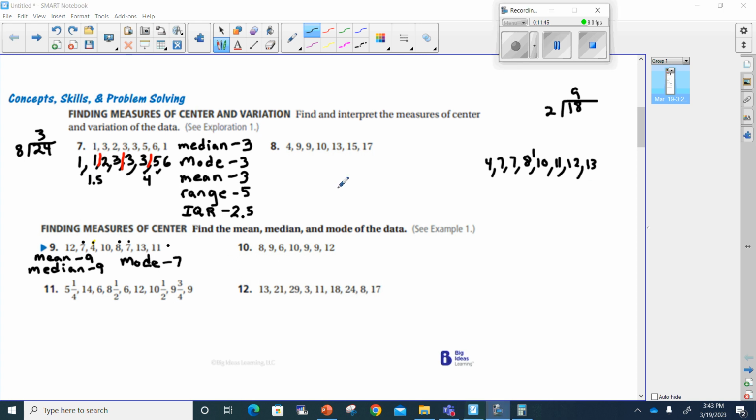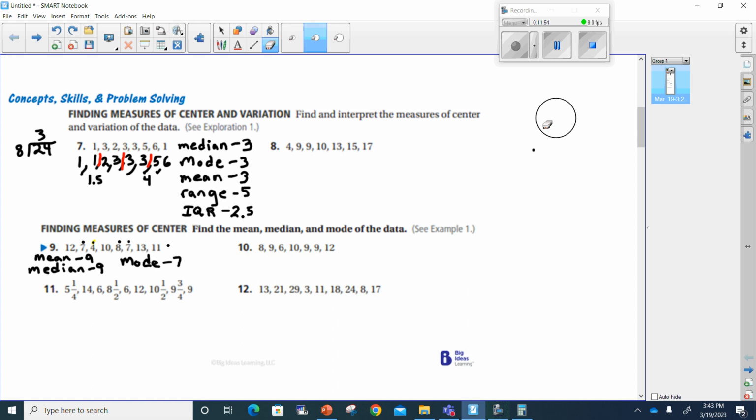All right, let's go to number 11 now. Once again, I've got to put all these in order. This is going to be a little nightmare. The smallest number here, well, there's 1, 2, 3, 4, 5, 6, 7, 8, 9 numbers, okay?